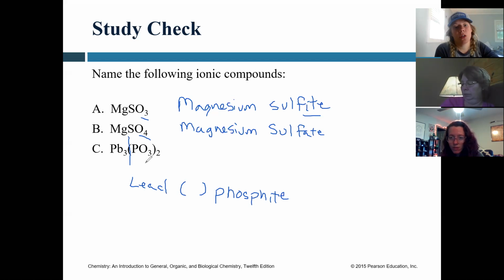Phosphite has a charge of 3 minus. All right, so if we have a charge of 3 minus and I have 2 of them, that's an overall 6 minus charge. So this has to be a 6 plus charge, but there's 3 of them. So we divide the 6 amongst 3 leads, which would give us lead(II) phosphite.